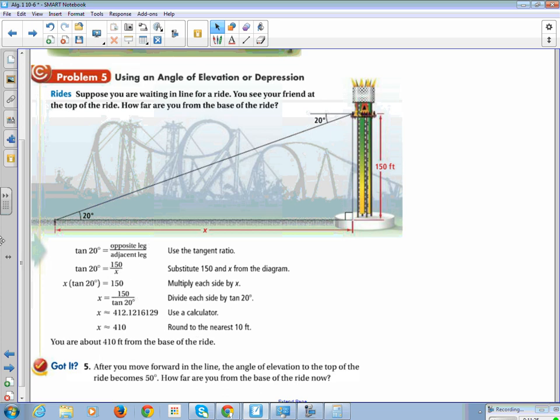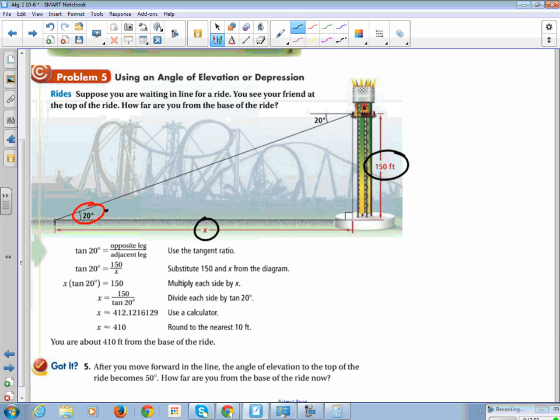So when you get a word problem, always draw the picture. Circle the angle that you care about. Right now I care about this 20 degrees. And circle the sides you care about. I care about the length to the ride, and I care about the height. And then determine how these are related to your angle.